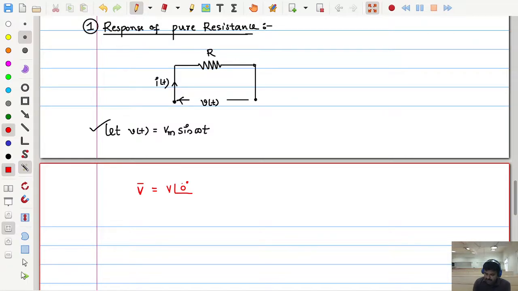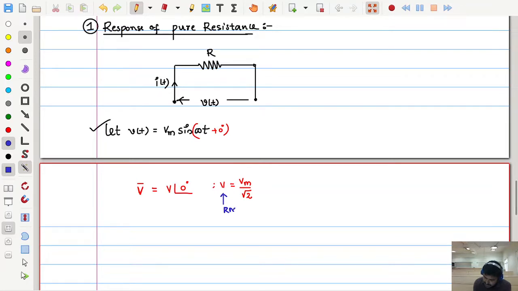See this? It looks like Vm sin omega t plus 0. So I am taking magnitude where V is equal to Vm by root 2, where this V we call the RMS value of the voltage.